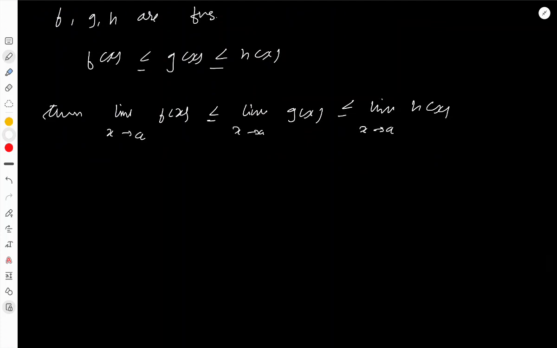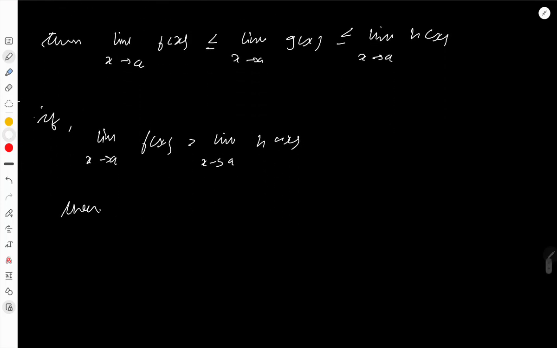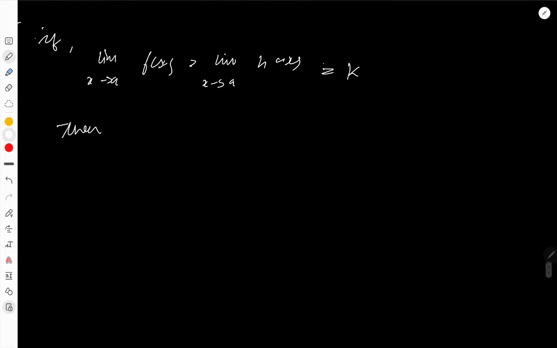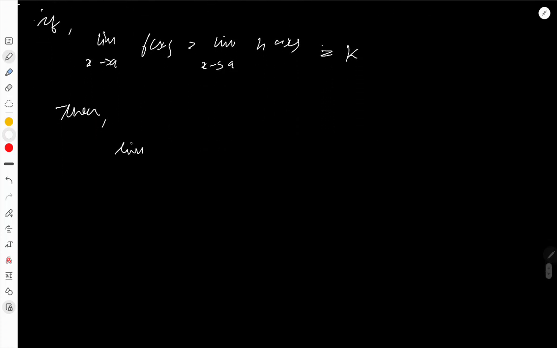And we can say that if limit x tends to a of f of x is equal to limit x tends to a of h of x, and they are equal to some constant k, then limit x tends to a of g of x will be equal to k.